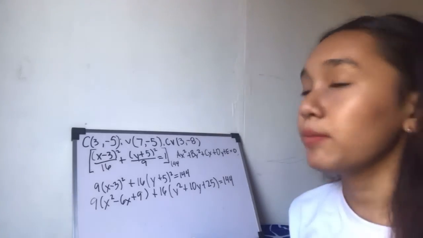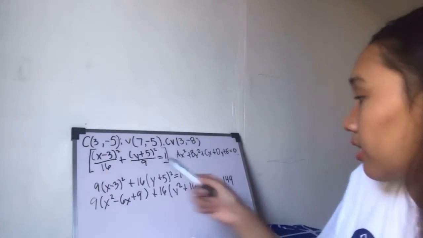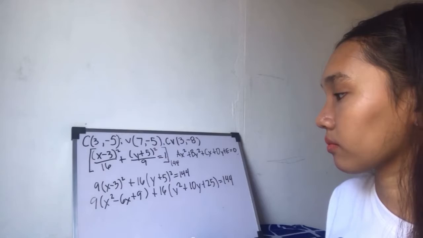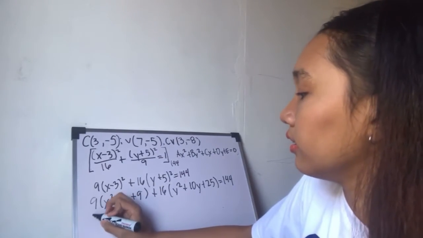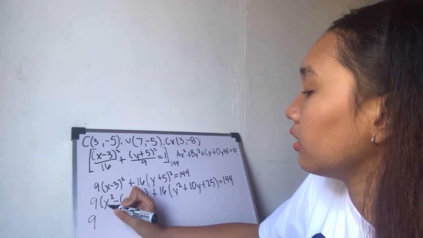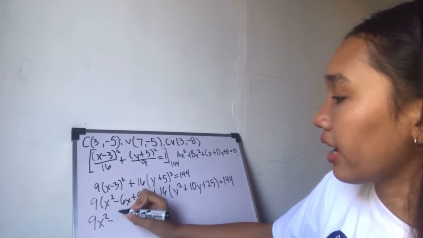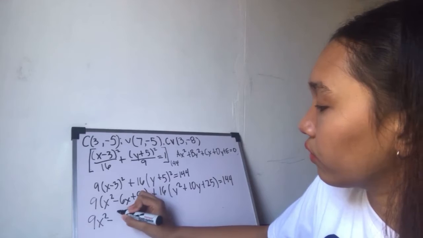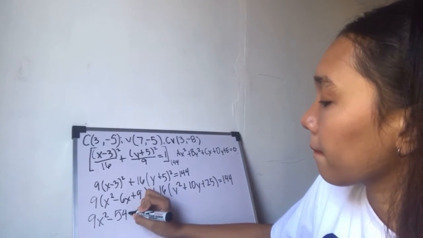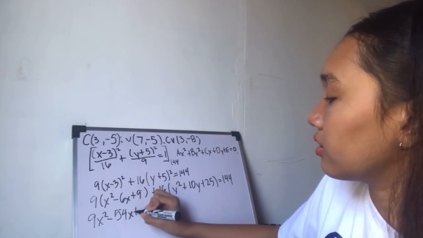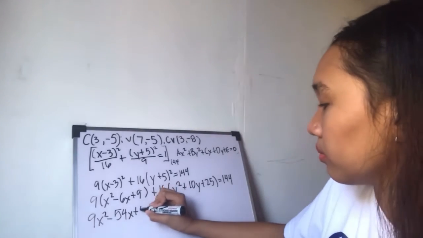The next step is to distribute the 9 and the 16. And that will be 9x squared minus 9 times 6 is 54x. 9 times 9 is equal to 81.